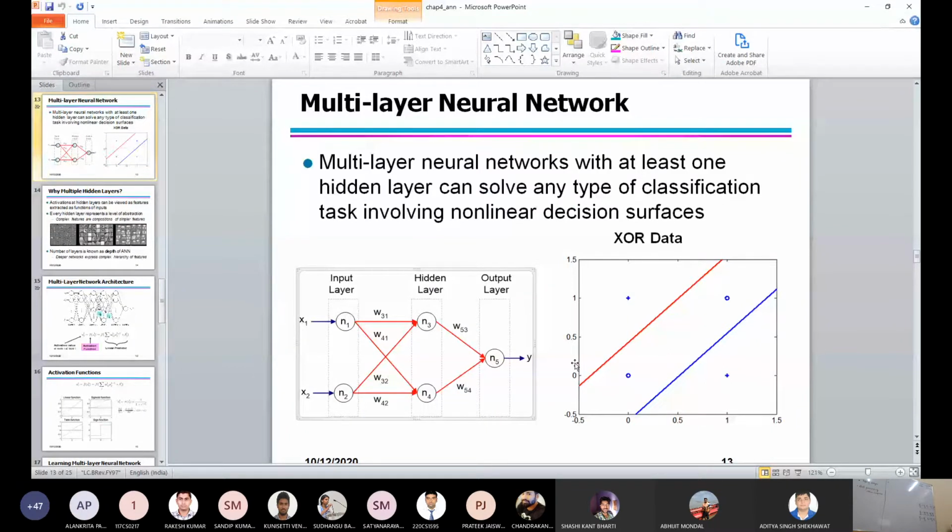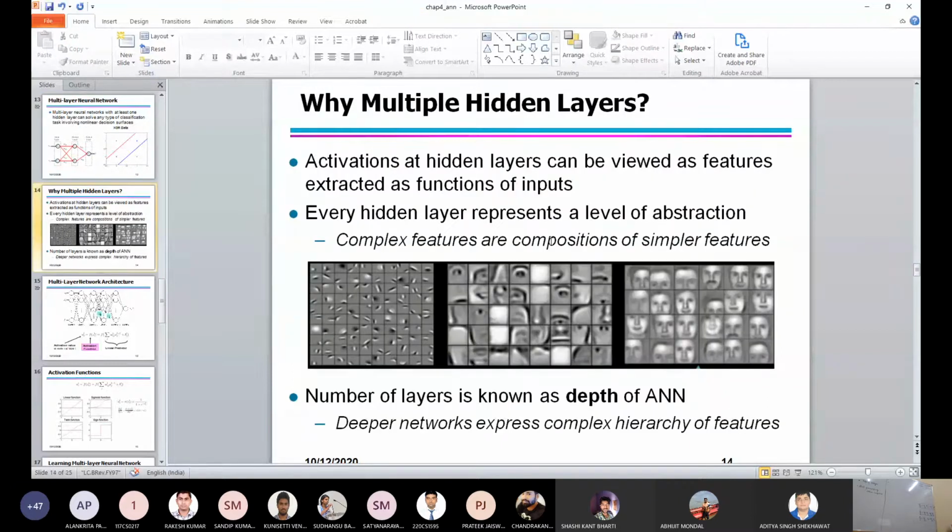The learning from the XOR problem is that if the classes are not linearly separable, we should go for multiple layers and multiple perceptrons. Each perceptron is very simple and identifies the right features.